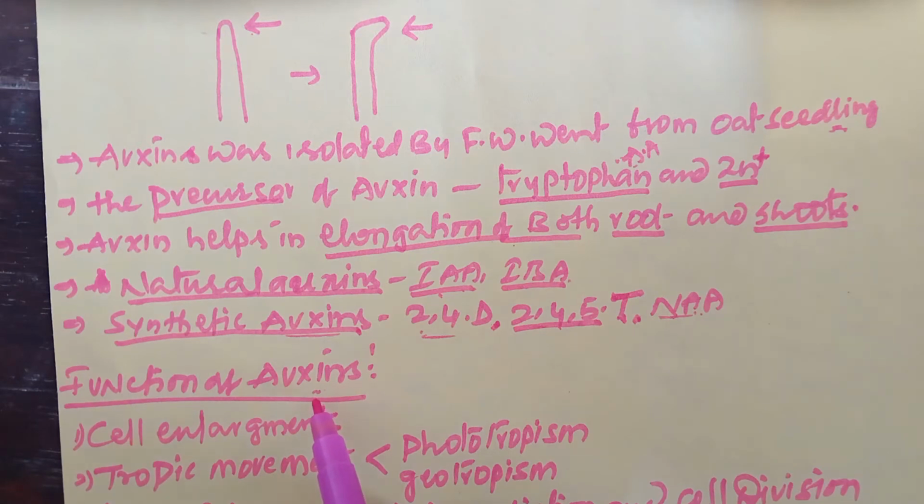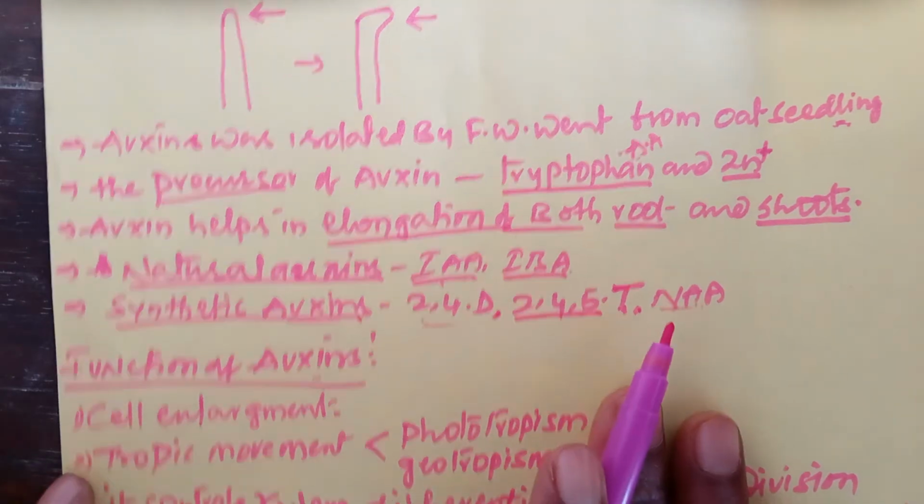Where auxins are present, the size of cells increases. And in meristematic tissue, auxins are continuously secreted so that the cells of the meristem continuously undergo cell division. So these are the two functions carried out by auxins: cell elongation, cell enlargement, and also cell division in meristematic tissue.